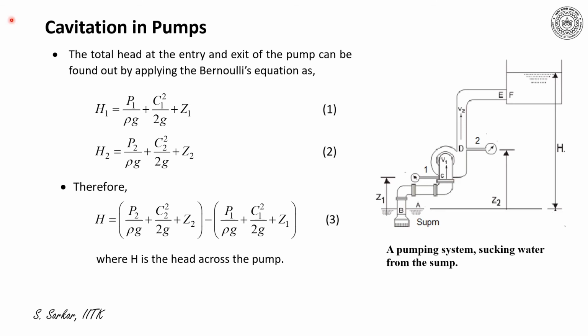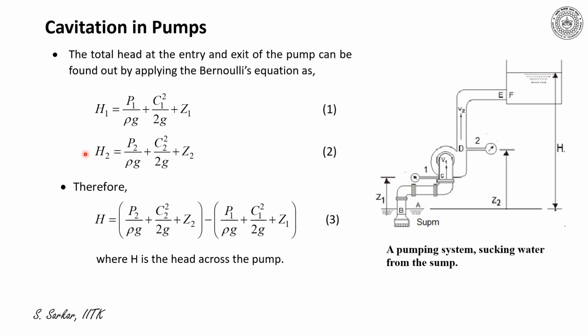So, applying the Bernoulli equation, the total head at entry and exit of the pump can be stated as H1 equals P1 by rho g plus C1 square by 2g plus Z1, where P1 and C1 are the static pressure and velocity at inlet to the pump, and similarly H2 equals P2 by rho g plus C2 square divided by 2g plus Z2.